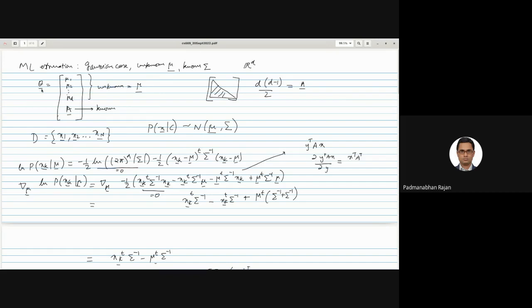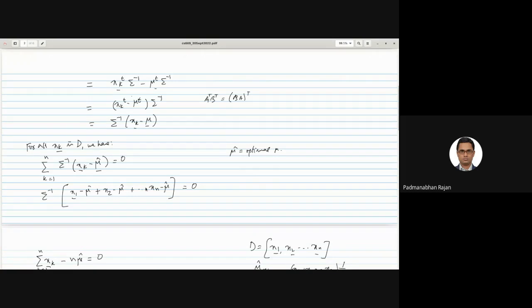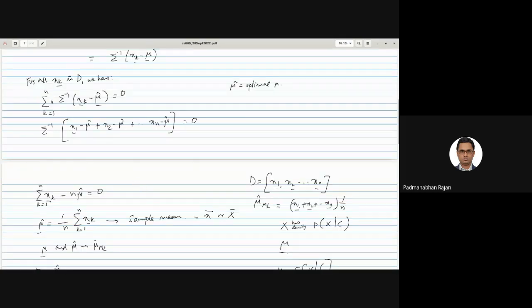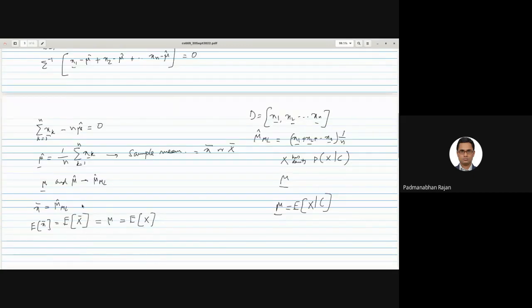This is the parameter vector theta, and this is the likelihood for a single point. The technique for maximum likelihood involves differentiating the likelihood function with respect to the unknown parameter, equating it to 0, and finding the value of the parameter which makes the derivative 0. You do it for all the points, and then you will get the maximum likelihood estimate.